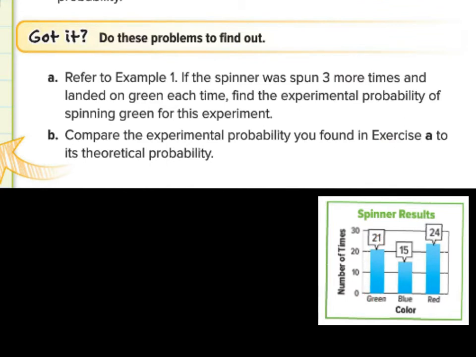So green would go up to 24. Okay, green would go up to 24, and now it's over 63. Okay, our probability is over 63. And they want us to find the experimental probability of spinning green for this experiment. So now green is 24 over 63, right?